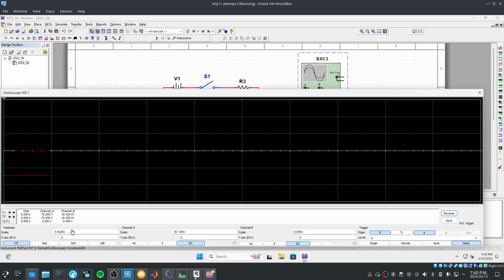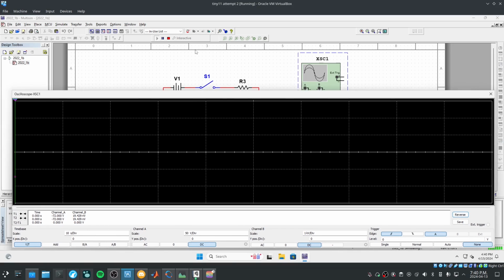If we run this, where is, there it is. Oh wait, no, this is wrong. Oopsies. So this is how it is right now, and if we open it, there you go.